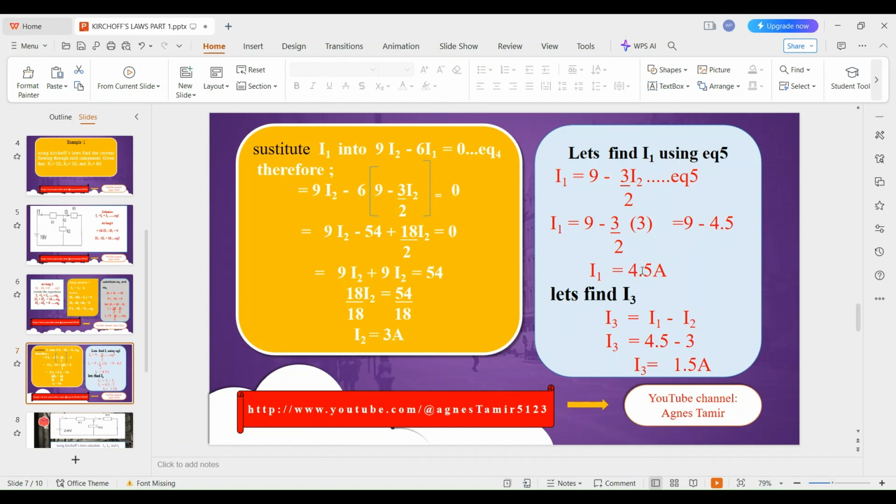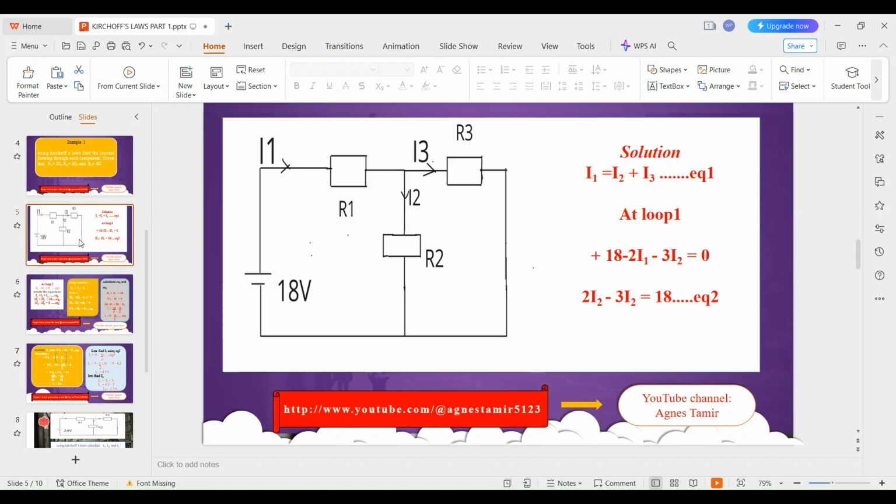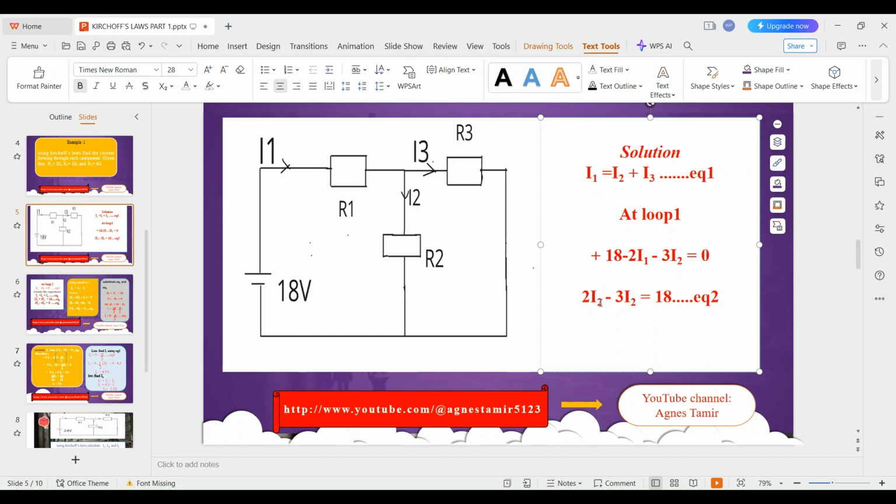Let's go back to our circuit and see. This is supposed to be current 1. How did I make those mistakes, really? I believe I had a typing error. It's supposed to be I1.